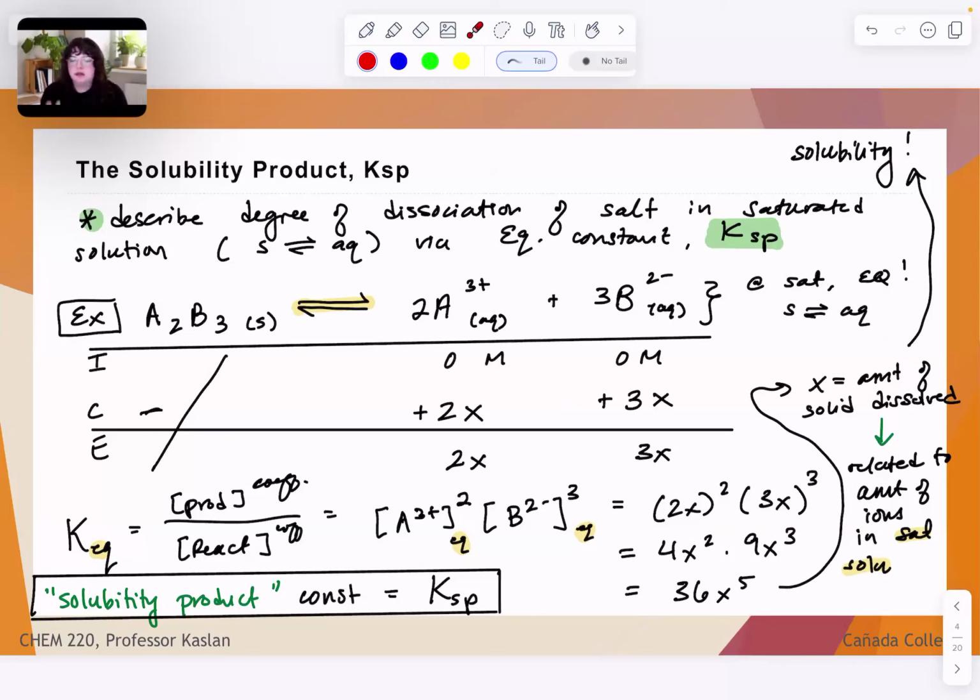Because if one salt dissolves more, then I can put more solid crystals in the solution and have that dissolve fully compared to a less soluble solid, which will dissolve less. I could put less of the solid in the solution and have that dissolve. So next video, we're going to explain what solubility is and how this relates exactly to the amount of ions in solution, coming up next.